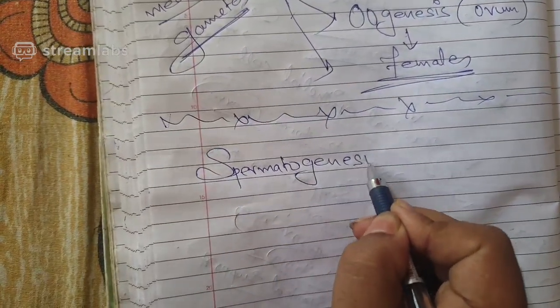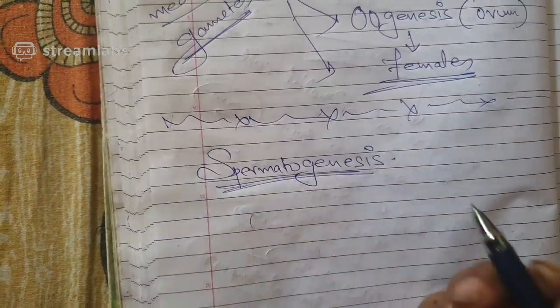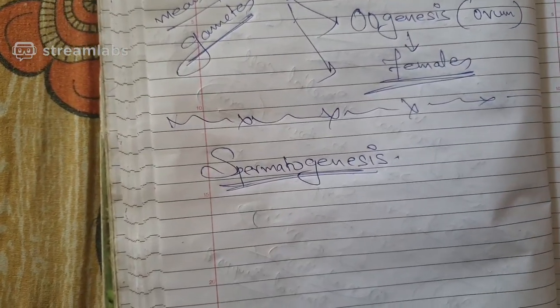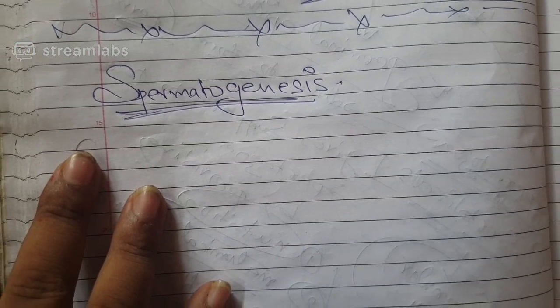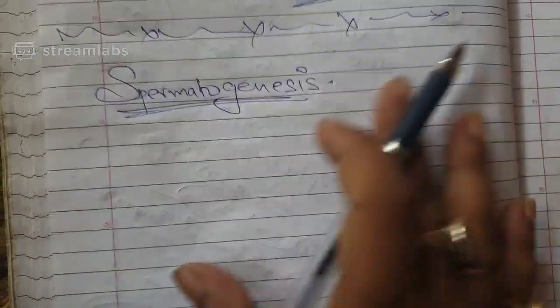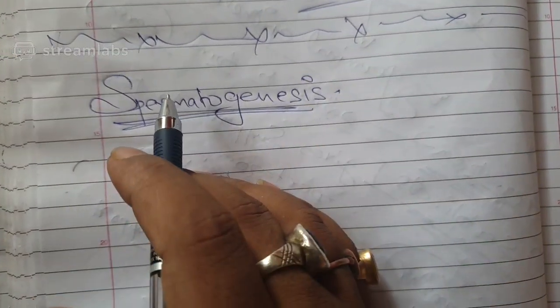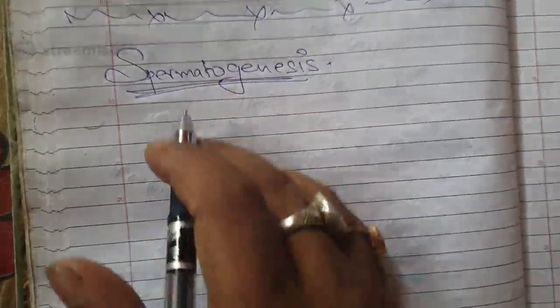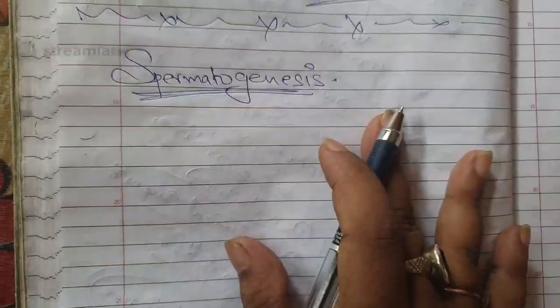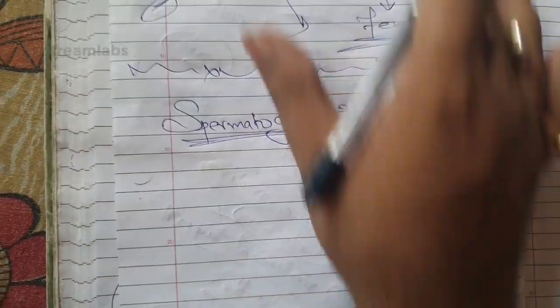So let us try to understand spermatogenesis right now. There are a few steps in spermatogenesis.